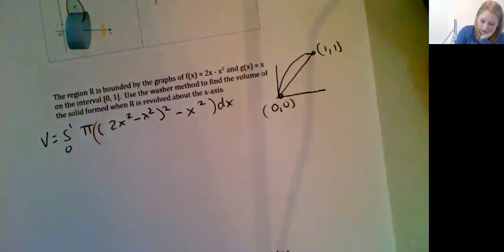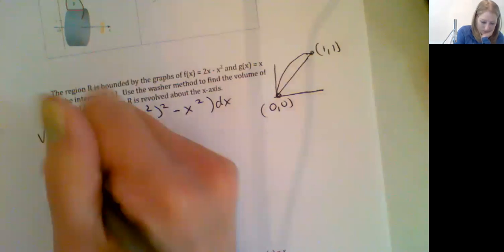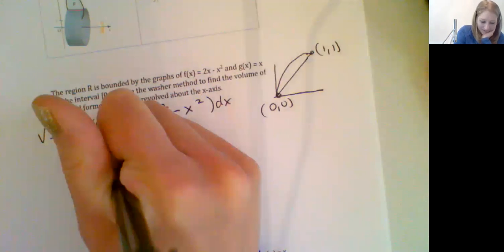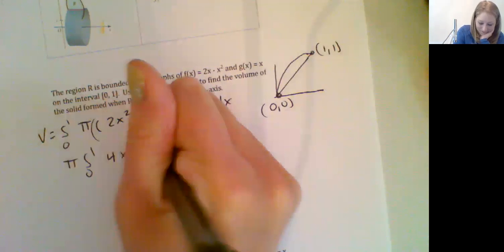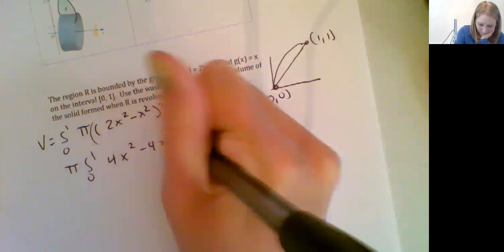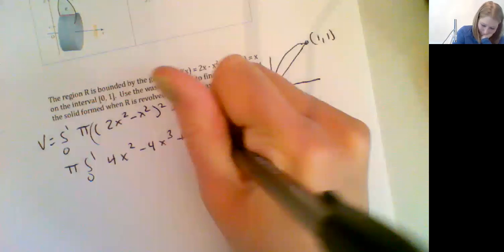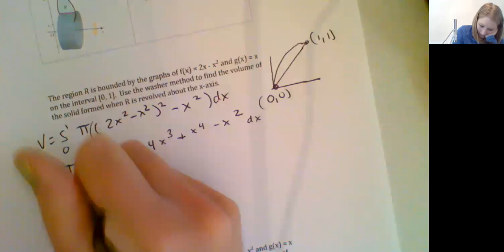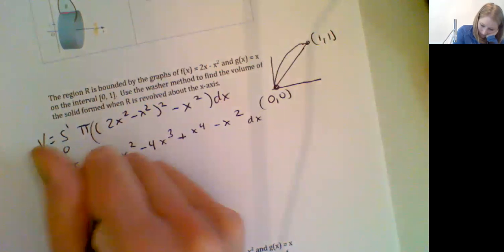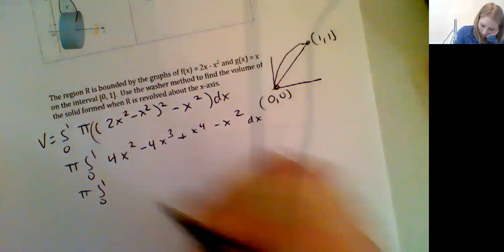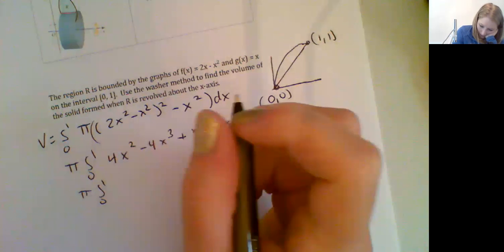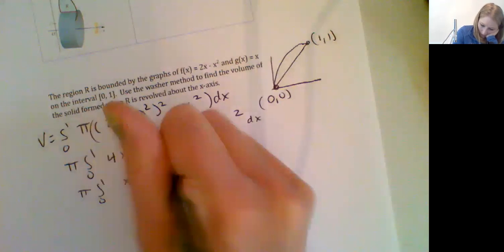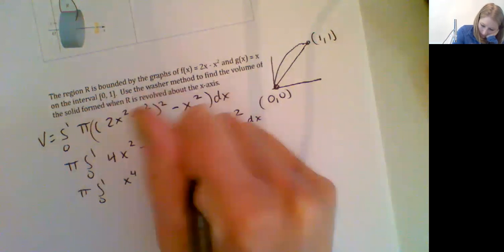All right, so let's clean this up a little bit before we integrate. And combine like terms. So we're going to get x to the 4th minus 4x cubed plus 3x squared.